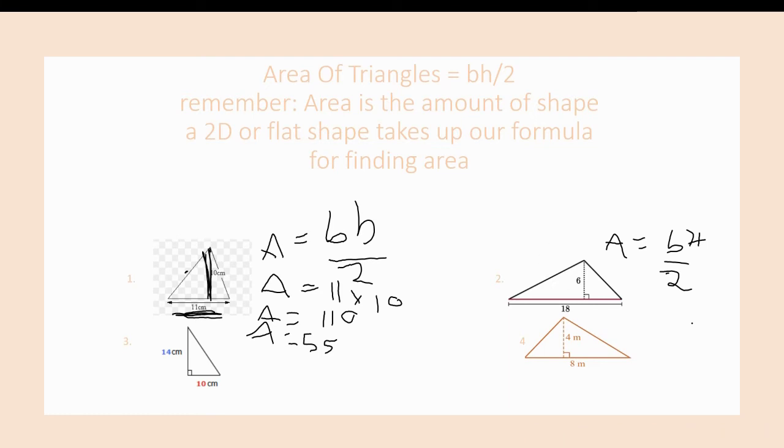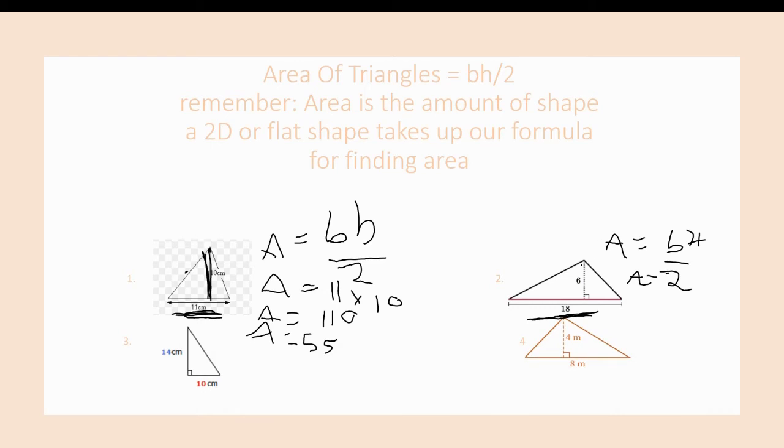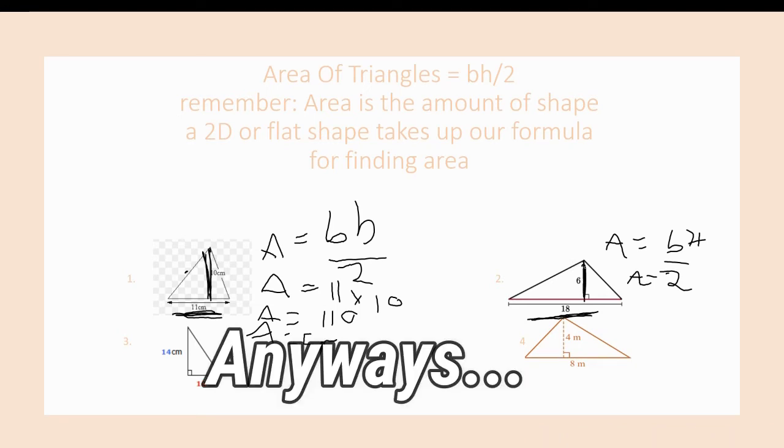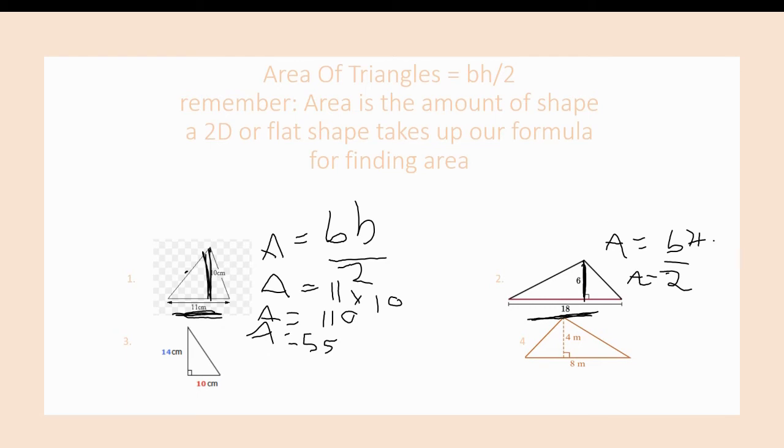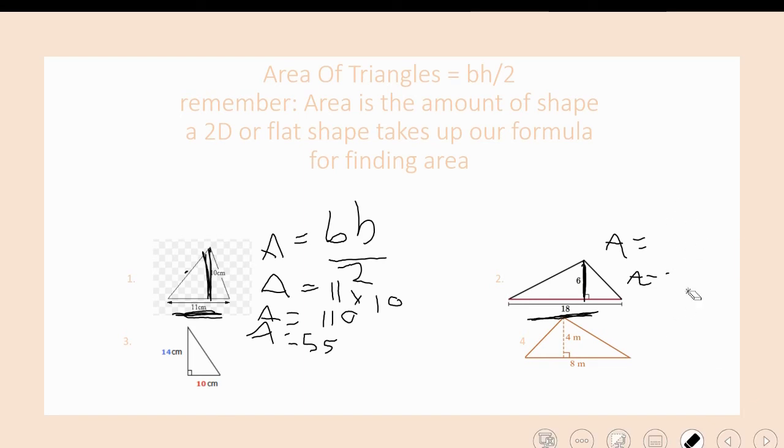Okay, so the base here is 18, a pretty big number, and the height is 6. Anyways, the formula is pretty messed up, so I'm just going to erase it and write it back because it's taking up lots of space.